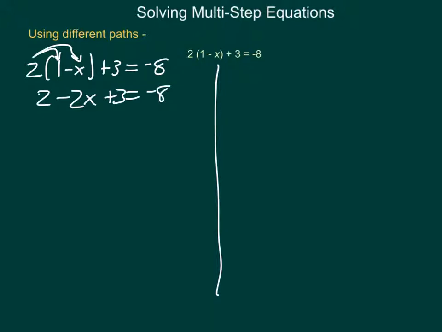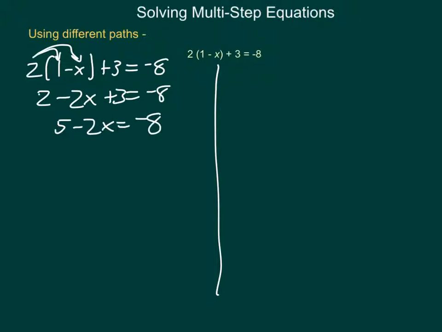Now, I can combine like terms. The positive 2 here and the positive 3 I can combine together to give me the value of 5. Then minus 2x equals a negative 8.